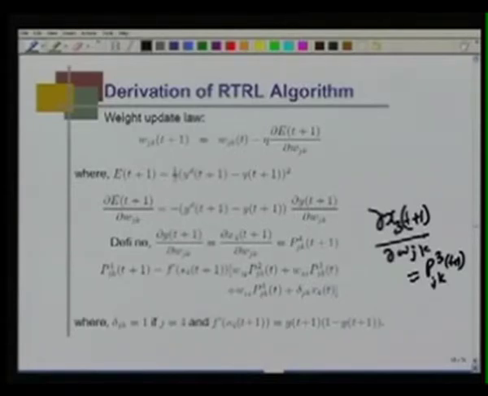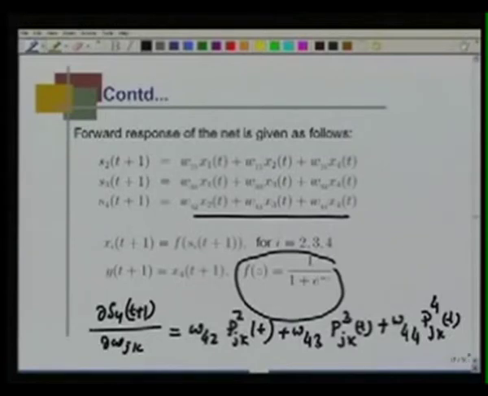The one extra term that is coming here is this: if jk by chance is either 42, 43 or 44. So, this is not actually complete information, I made a mistake. This jk can be either 42 or 43 or 44.